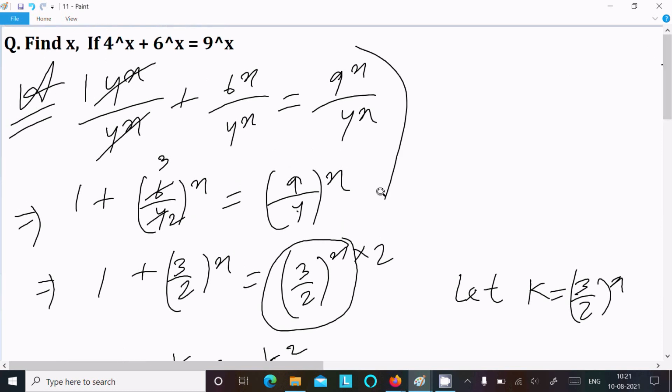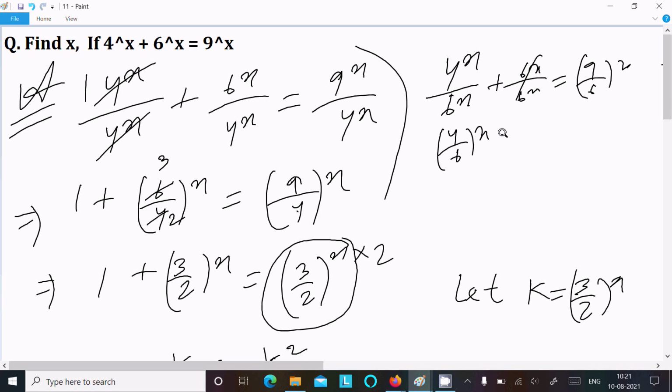Suppose I divide with 6 power x. So for 6 power x, and here 6 power x, 9 by 6 power x, so this cancels. Here 4 by 6 power x, and this here you can get 1, here 9 by 6 power x.